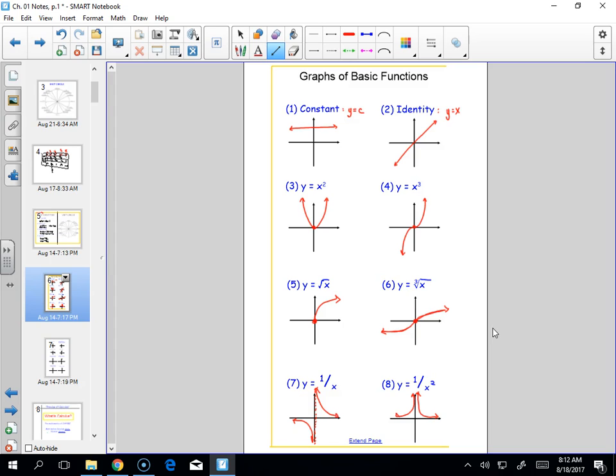Probably. Yes. Should I be able to see a vertical asymptote for the bottom two at x equals 0? Yes. Should I see these crossing through the x-axis at all for 1 over x and 1 over x squared? No.